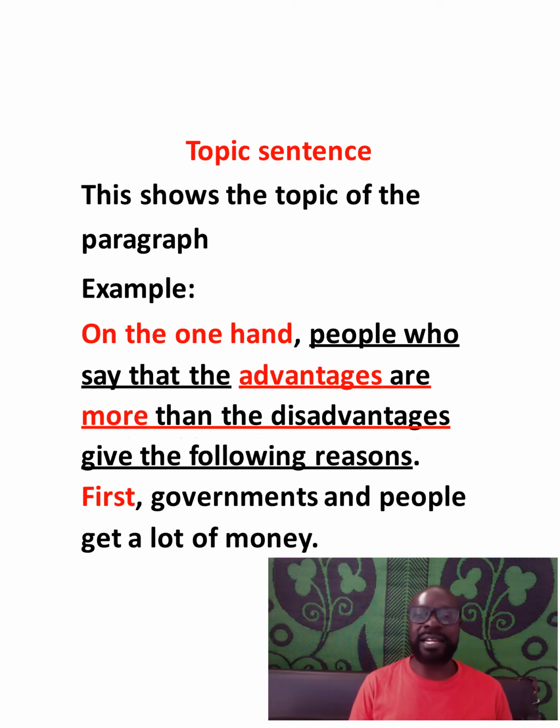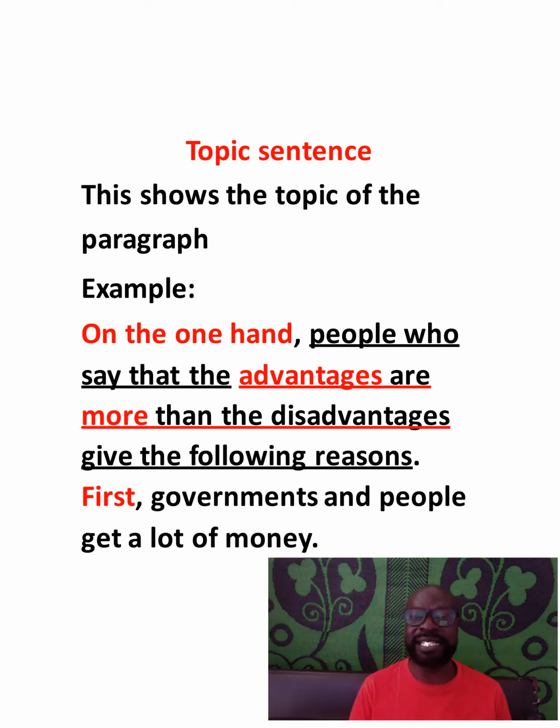On the one hand, people who say that the advantages are more than the disadvantages give the following reasons. That sentence is called the topic sentence. It is underlined. It shows what the paragraph is about. The paragraph is about advantages.